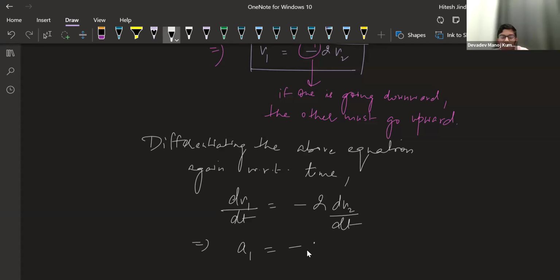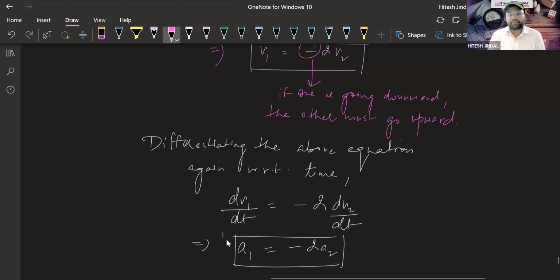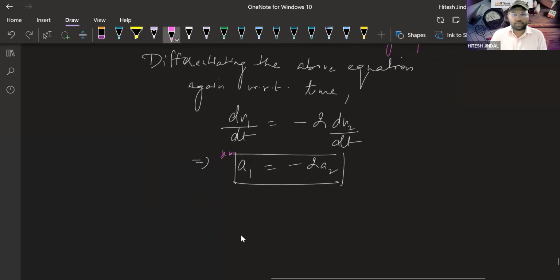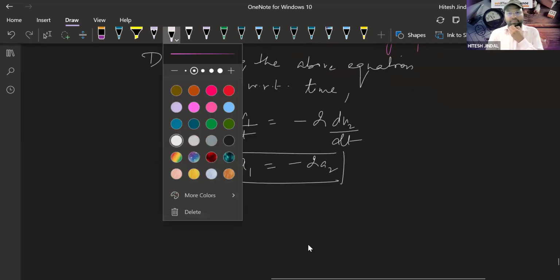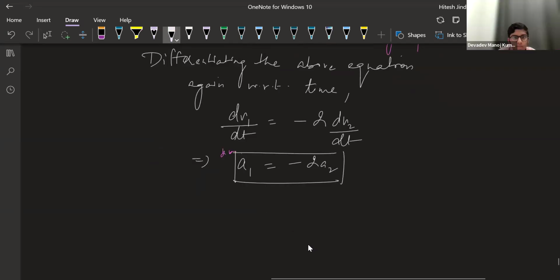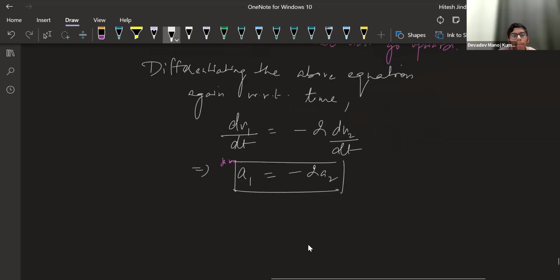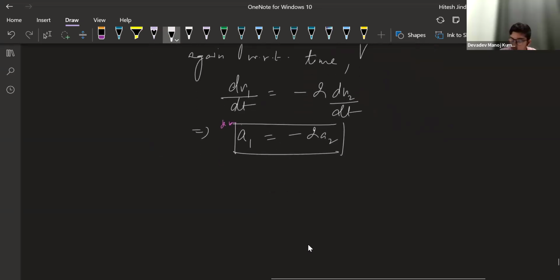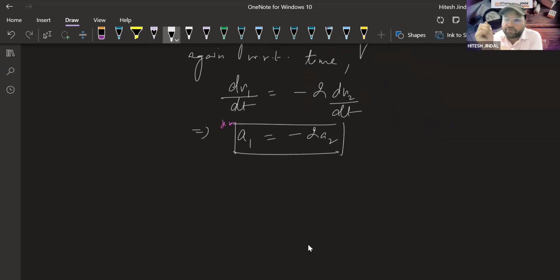A1 is equal to minus 2 of a2, double, okay? A1 was the acceleration of M1. That means M1's acceleration is double the acceleration of M2, right?